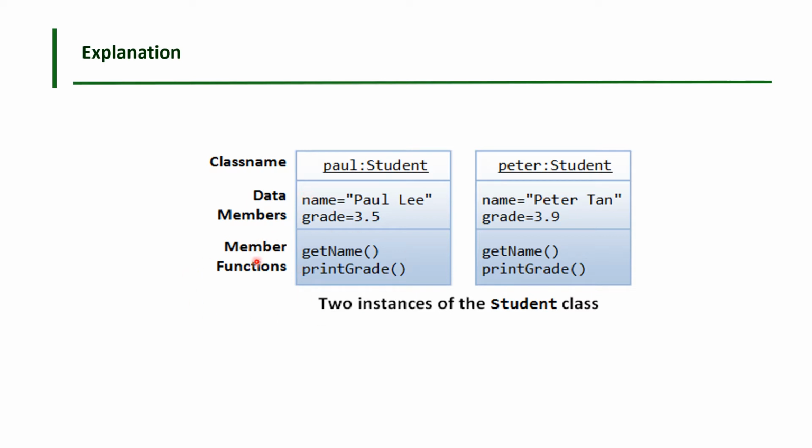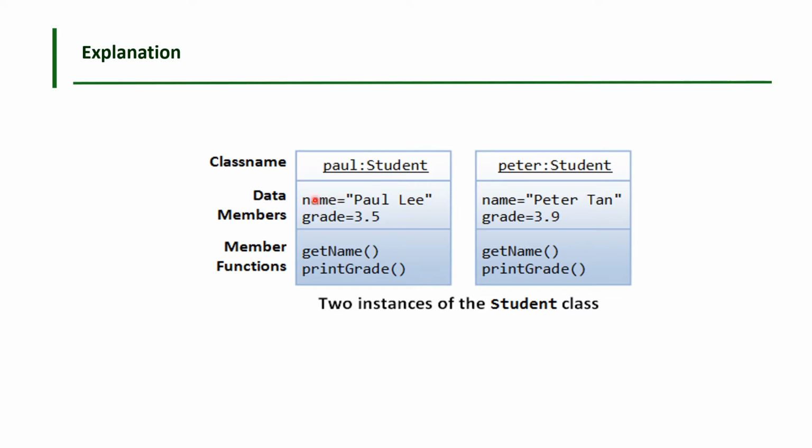About the member function: member functions are nothing but the functions that you will use to access this name and grade. With the help of get name we will take the values of your data members from the user, and with the help of print grade we will display the values to the user. Here are two examples, class student and class Peter.